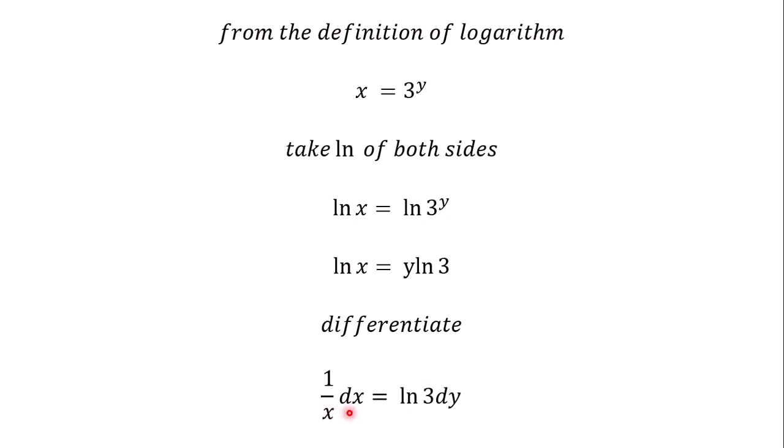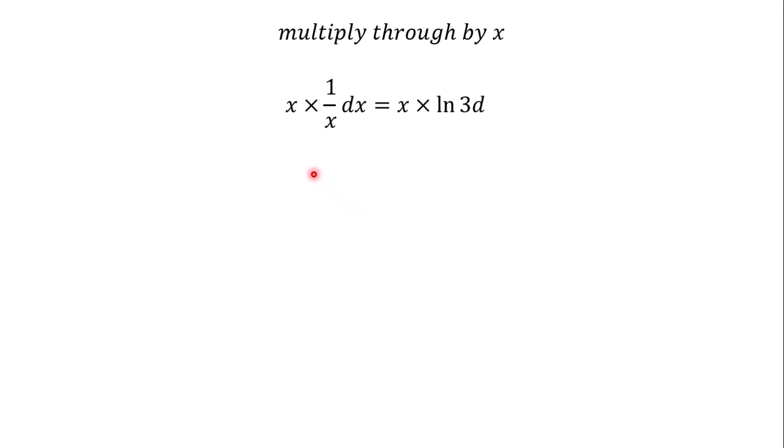So x multiplied by 1 over x dx is equal to x times ln 3 dy. This x will cancel out with this x, and it will be left with dx. And when x is multiplied by ln3 dy, we are going to get x ln3 dy.